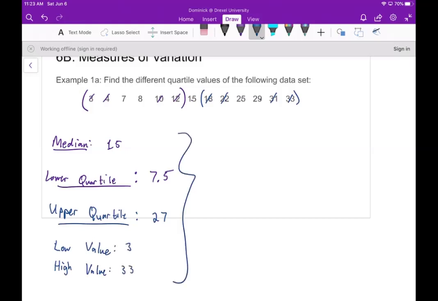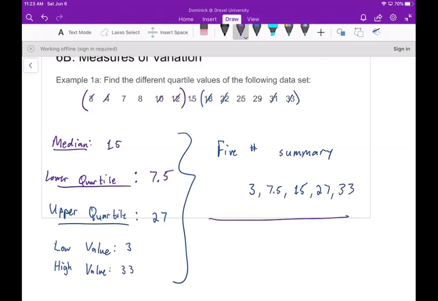So with this information, your 5-number summary would be, in order, 3, 7.5, 15, 27, 33.